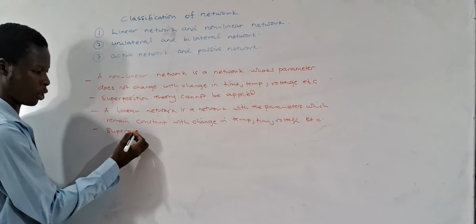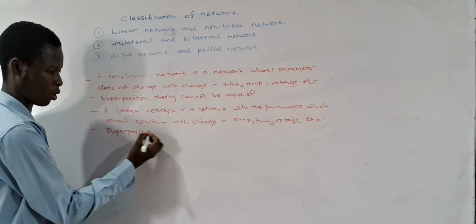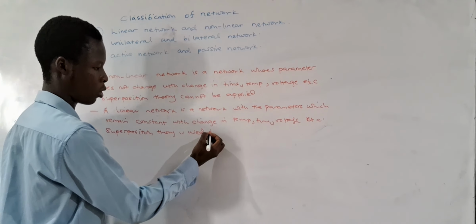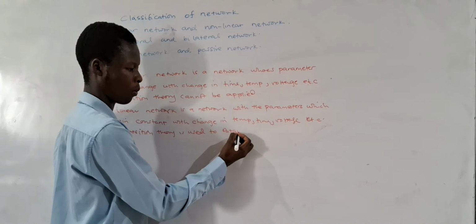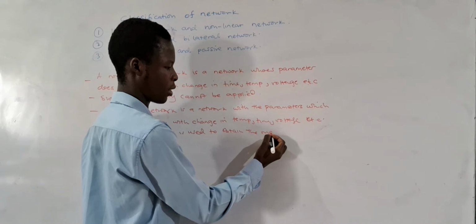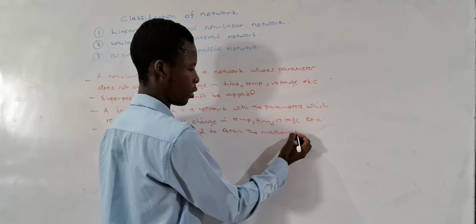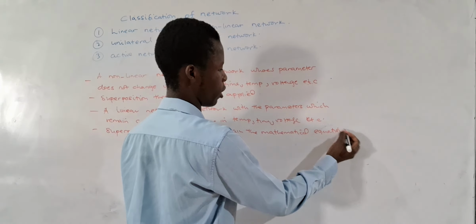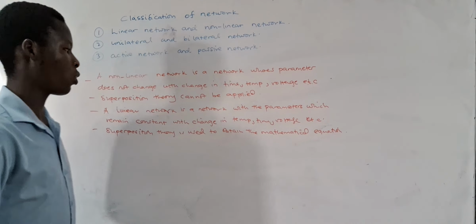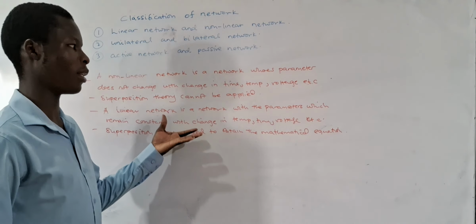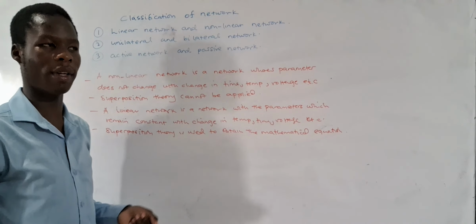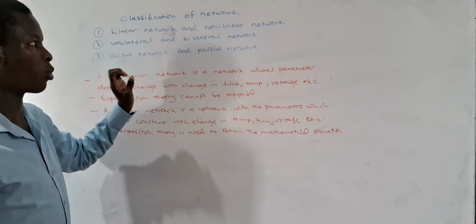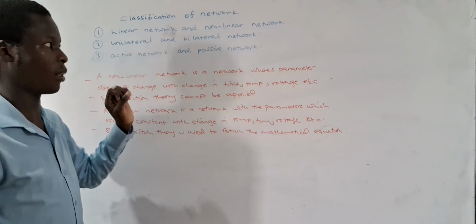The superposition theory is used to obtain the mathematical equation of this network. Okay. So this is what we call a linear network, and this is what we call a nonlinear network. What is a unilateral network and what is a bilateral network?